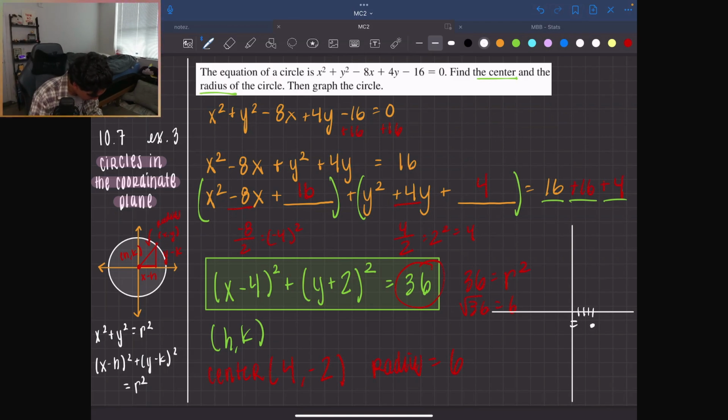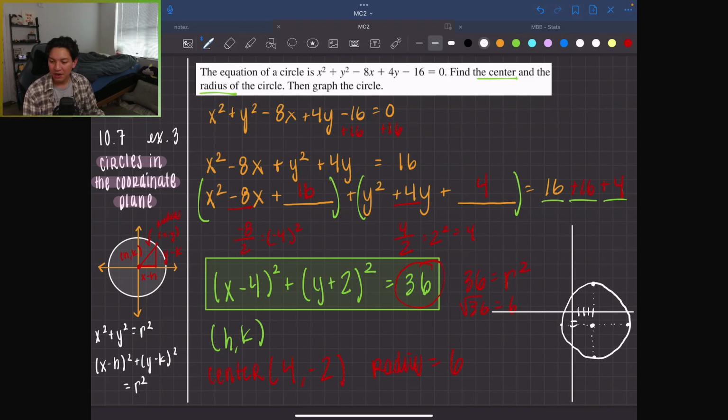I'm just going to estimate 1, 2, 3, 4, 5, 6, right over here. And it should look something, oh boy, hold on to your hats, like that. Okay, that is our circle.